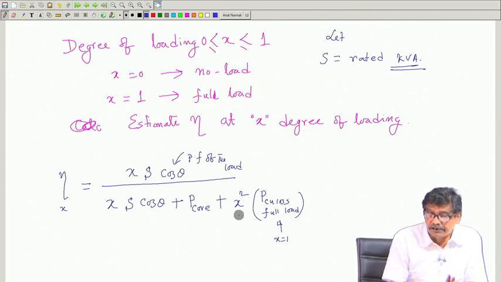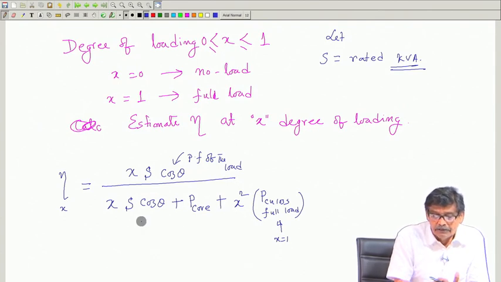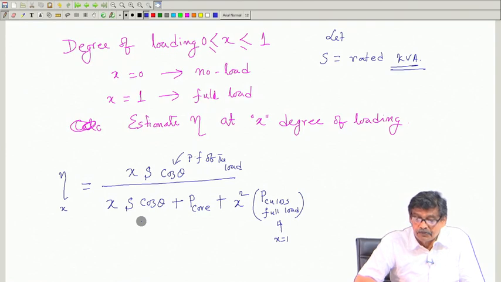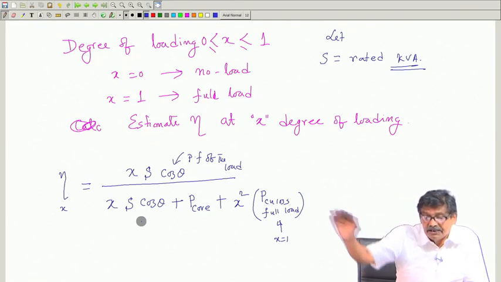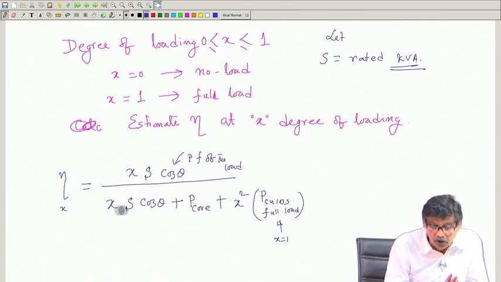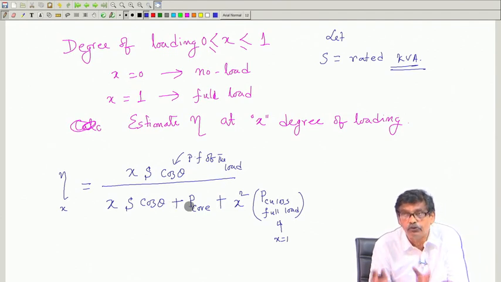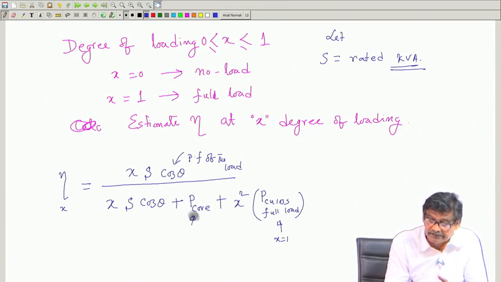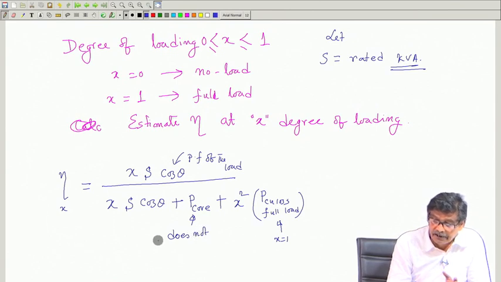x is the degree of loading, cos theta is the power factor of the load, and the efficiency of the transformer at x degree of loading should be written as x S cos theta over the sum of losses. What is S? The rated kVA of the transformer. So, the output kilowatt is how much? The rated kVA it is delivering, times x, at a power factor of cos theta, into cos theta. So, output divided by output plus loss has two parts. One is the fixed loss P core; it does not depend on x.